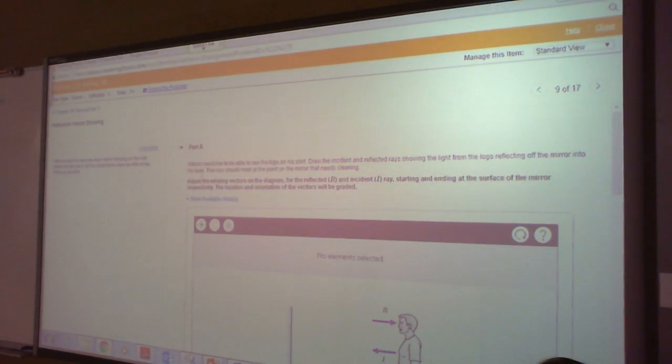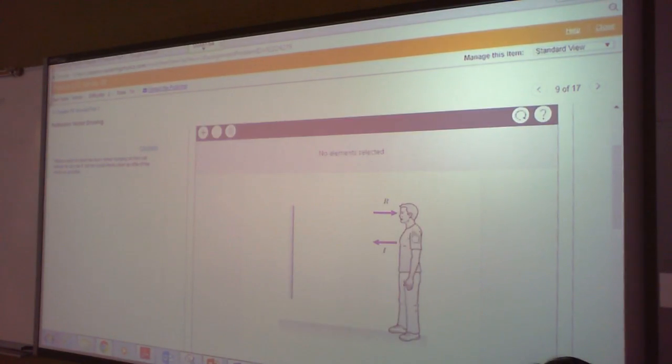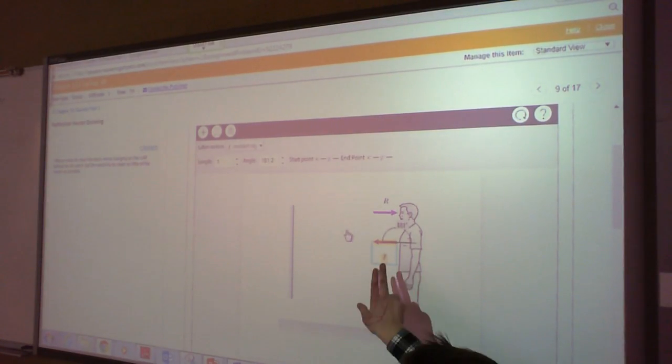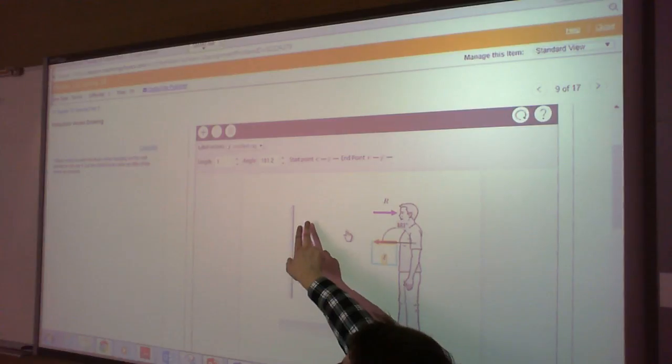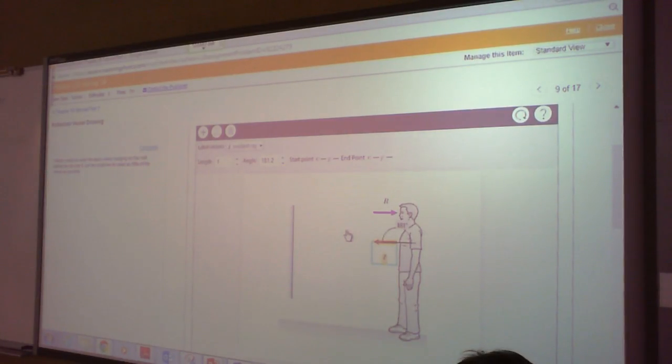So this is one where Vittorio wants to see the logo on his shirt. So this incident ray here is going to reflect off the mirror and come back into his eyes. So I'm going to extend this. It's about 1 right now, so maybe I'm going to make it 4. And then I'm going to decrease the angle.